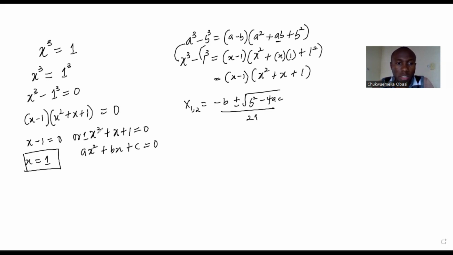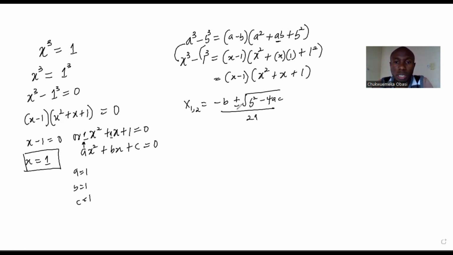And if I equate these two terms, you have a is equal to 1, right? And for x, you see that b is also 1 and c is 1. So we just have a to be 1, b is 1, and c is 1 from this comparison here.